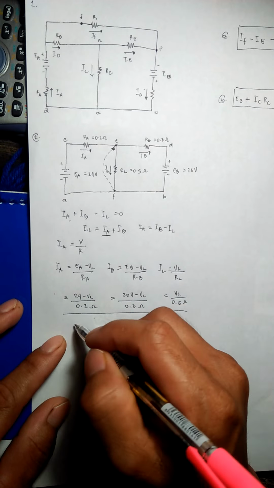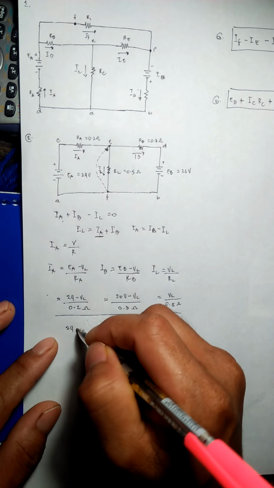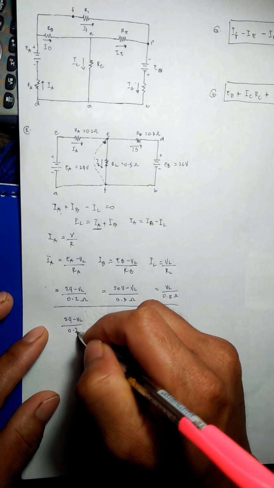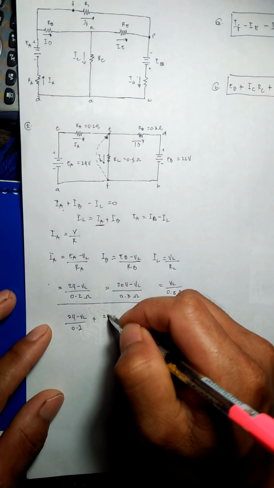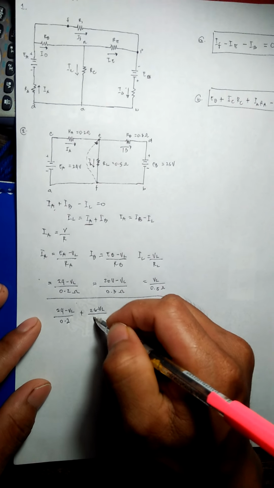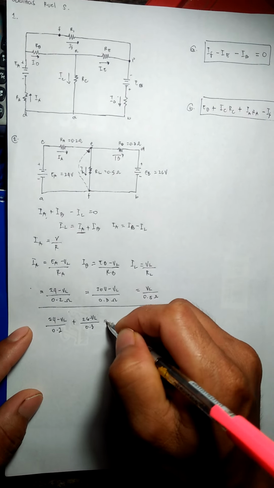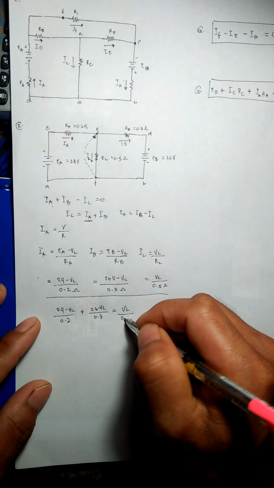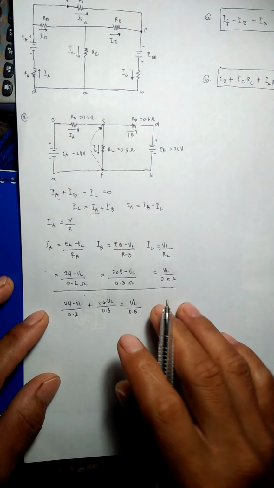Rewrite this as 24 volts minus VL over 0.2 plus 26 minus VL over 0.3 is equal to VL over 0.5, which is the IL.